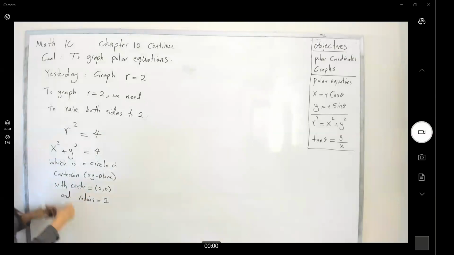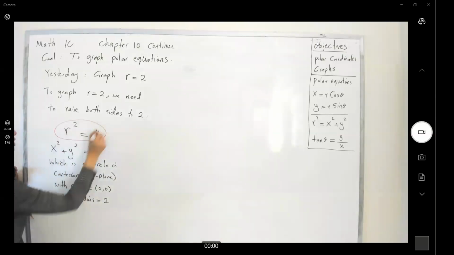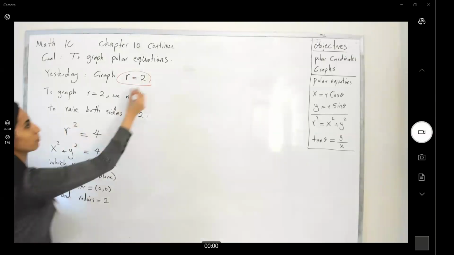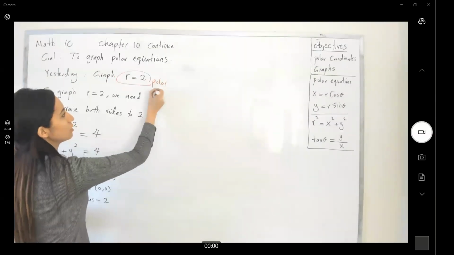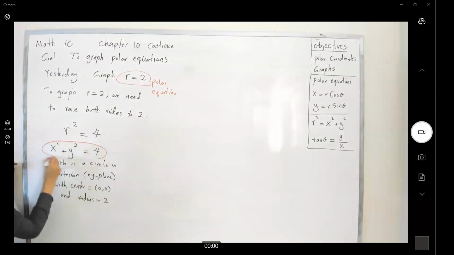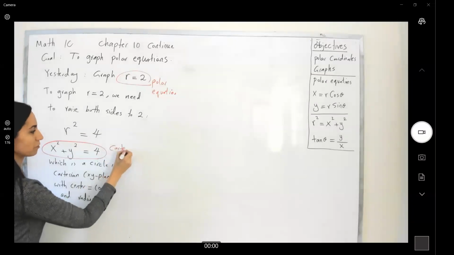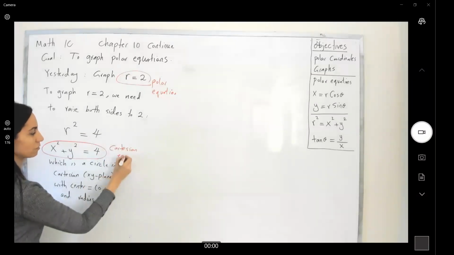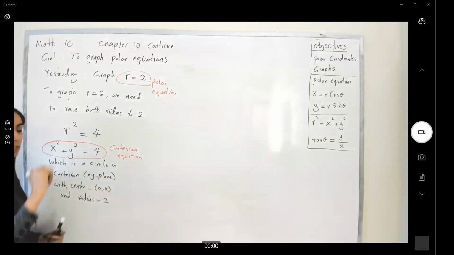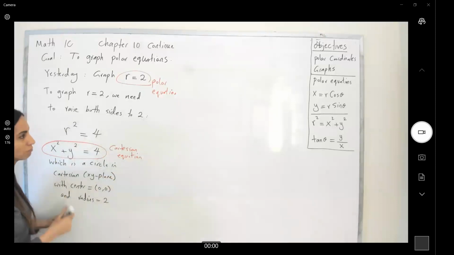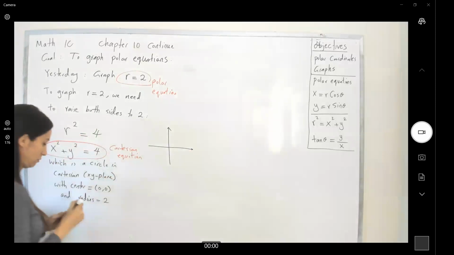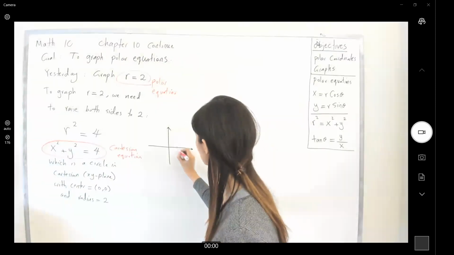So from the polar equation, we got a Cartesian equation, and both of them are representing a circle of radius 2.